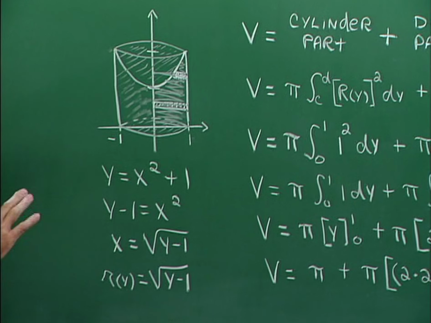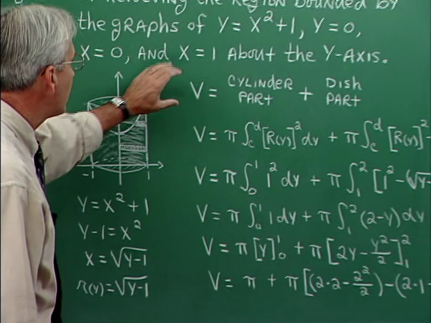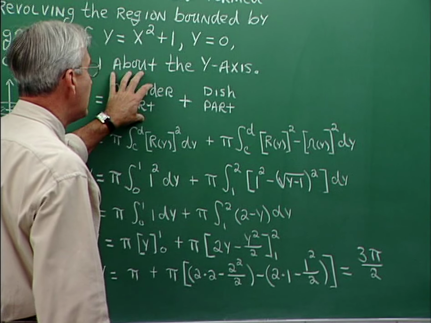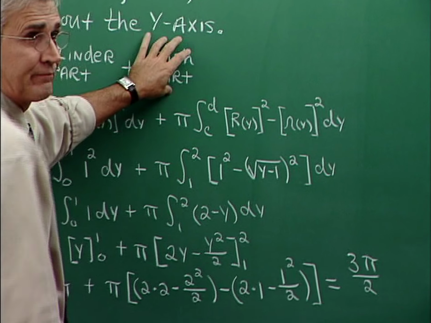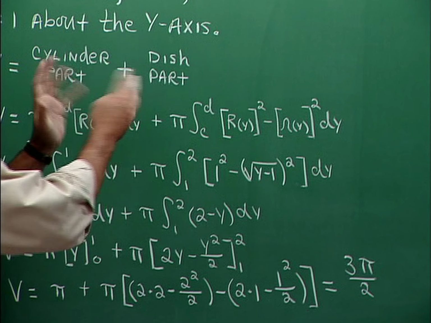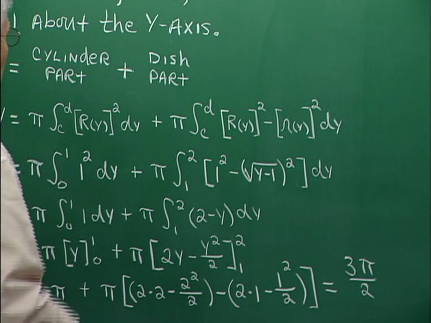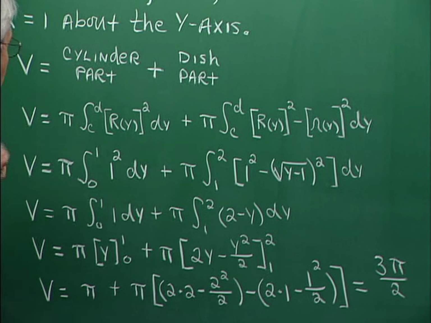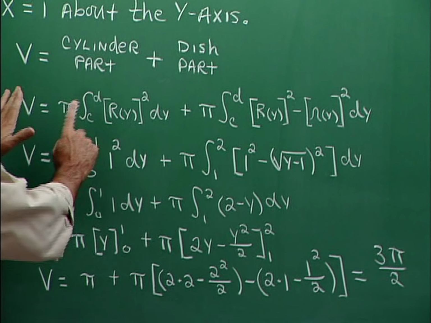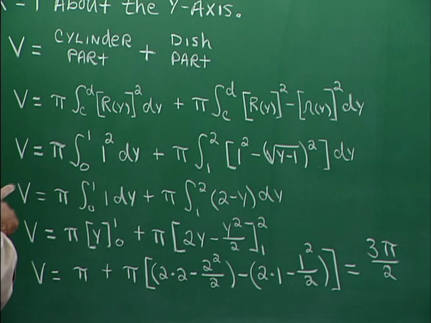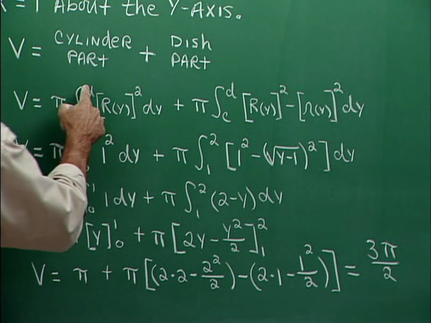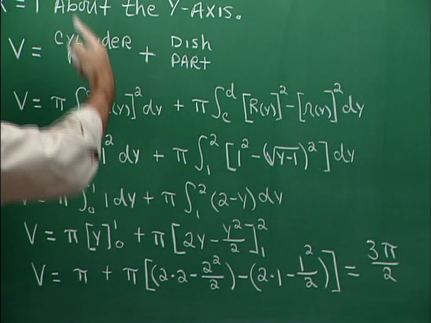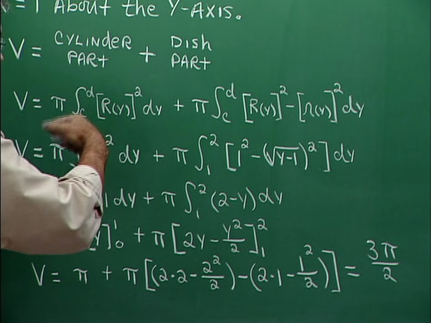All right, let's set the problem up like this. We're going to find the volume in pieces. We're going to say, well, we have a cylinder part, and we might say we have a dish part. The dish part has this washer effect going on for those cross sections. So for the cylinder part, it's pretty easy. Now notice the notation that I'm using here, and we haven't talked about this before, but I'm talking about an integral along an interval along the y-axis as c to d rather than the confusion of a to b.